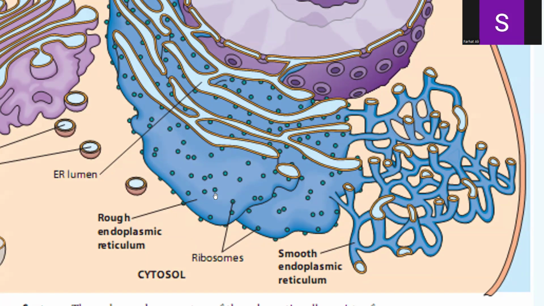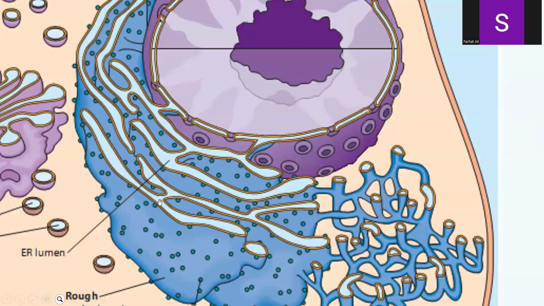So as the ribosomes make a protein, the protein then passes through the membrane of the rough ER inside this cavity. The cavity of the endoplasmic reticulum is called the lumen of the ER. So the proteins from the ribosomes are transferred into the lumen of the endoplasmic reticulum, and then they move through this lumen, and eventually bud off in the form of transport vesicles.